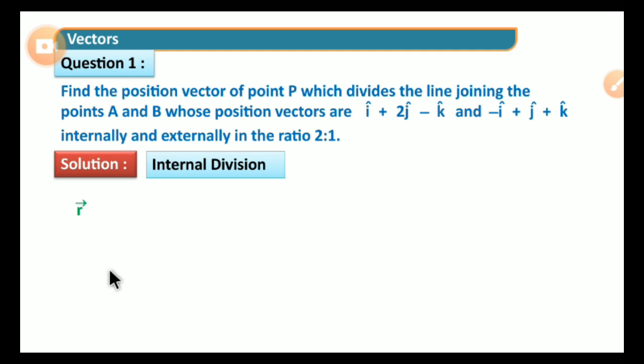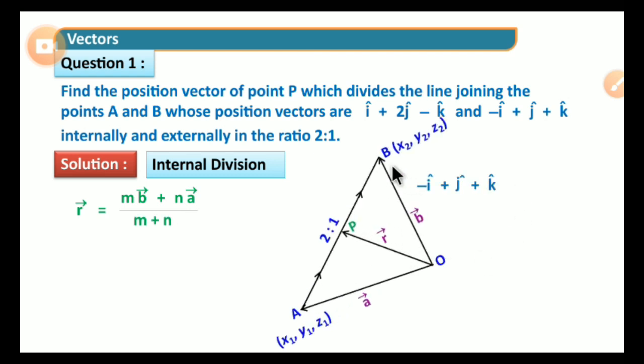Now consider the formula for the internal division. R vector is equal to m into b vector plus n into a vector divided by m plus n. Therefore, consider this diagram here. O is the origin and A and B are the 2 points with the position vectors a and b respectively.